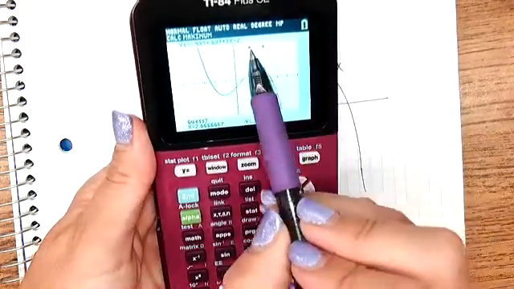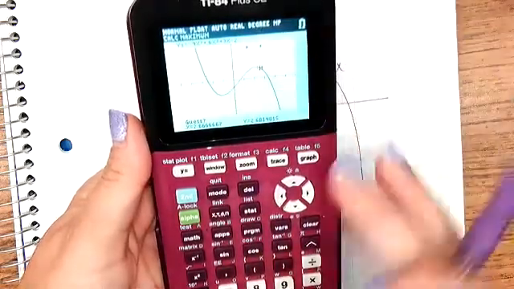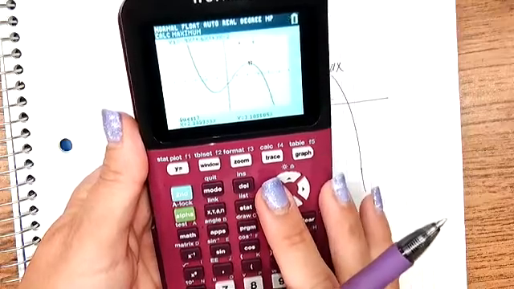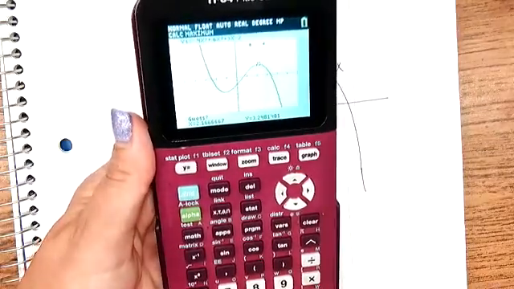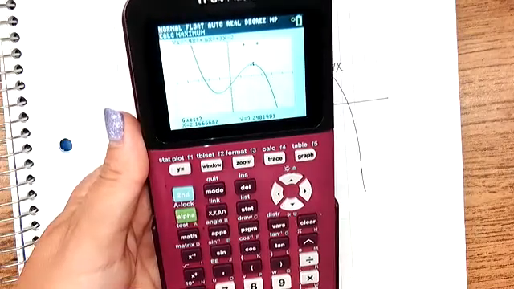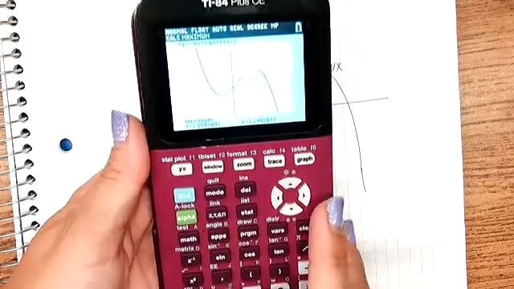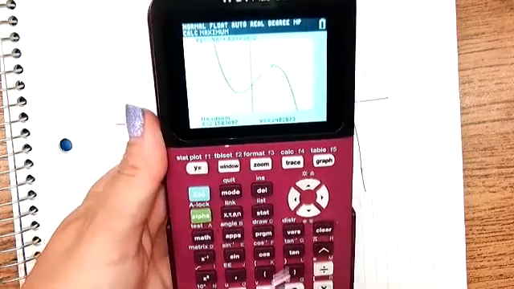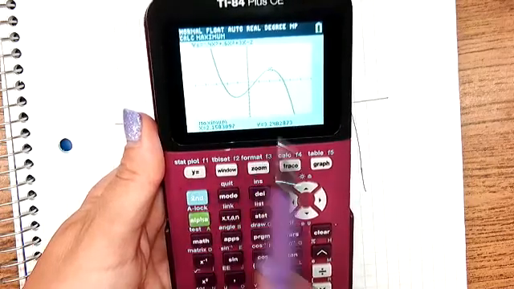You'll see up here, I have my arrows, so the calculator is going to find the maximum point between those arrows. For the guess, I'm going to put my cursor close to it. Then it says that the maximum is at 2.16 and 3.25.